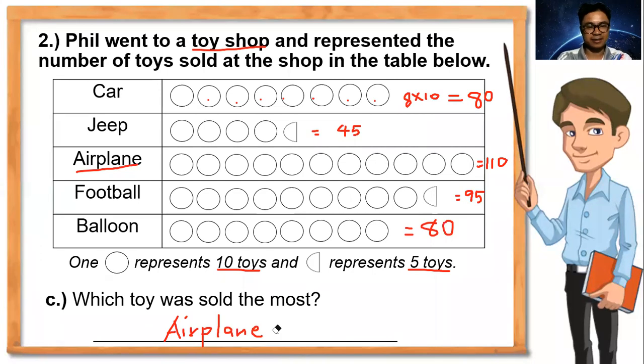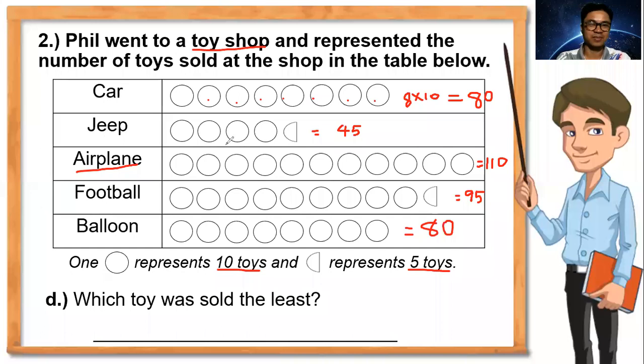Letter D. Let's go to letter D. Which toy was sold the least? Meaning, this toy has only a few toys sold. So which one here? Yeah, you're correct.